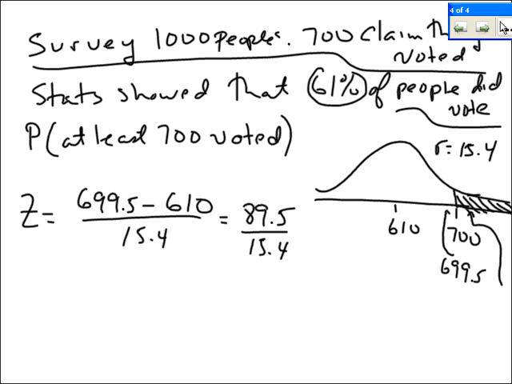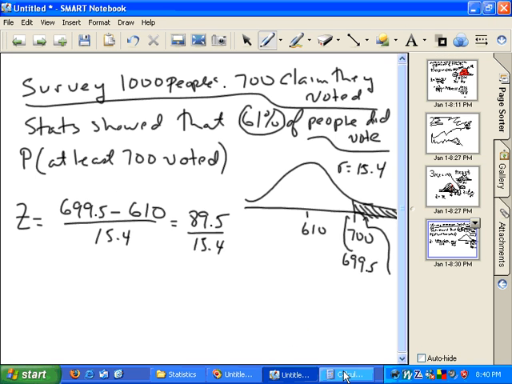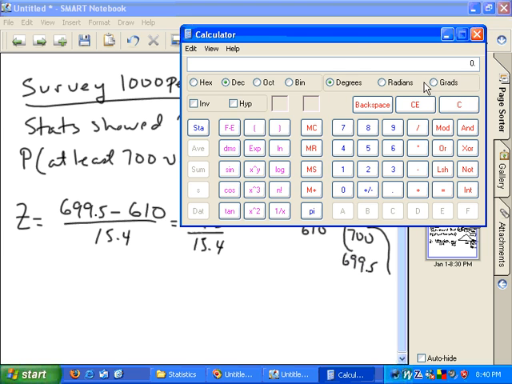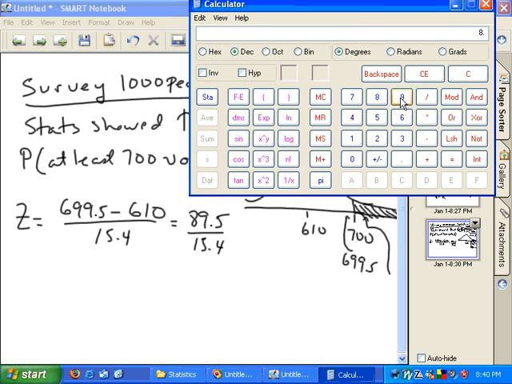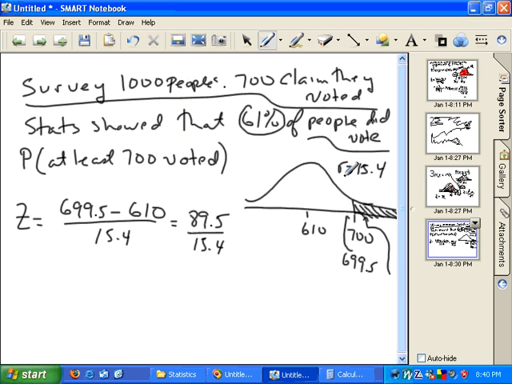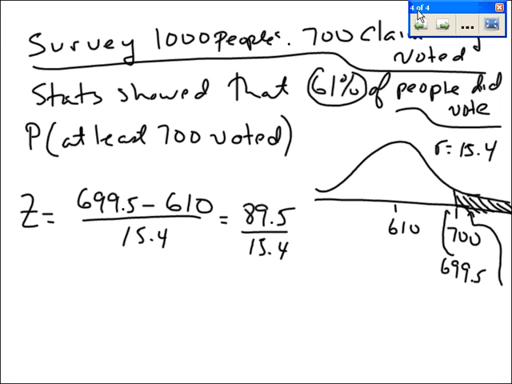Let's see what that number is. 89.5 divided by 15.4. 5.81. Okay, so very, very, very large number.